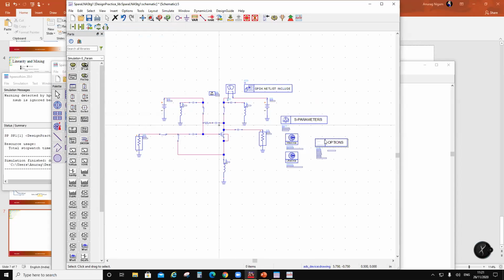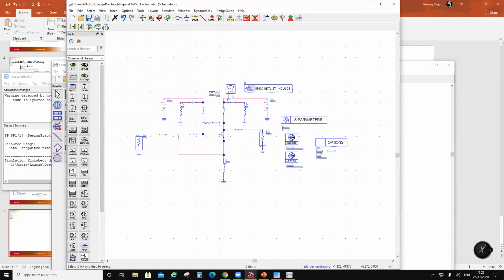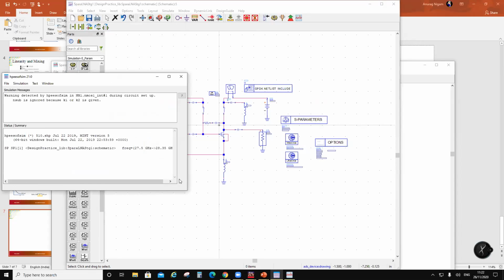Options. You should set the temperature for simulation is 16.85. Well, people may say that if you are going to use a LNA at 25, why do you put 16.85? Well, that's the IEEE standard. So that's why I placed it there and do simulation.